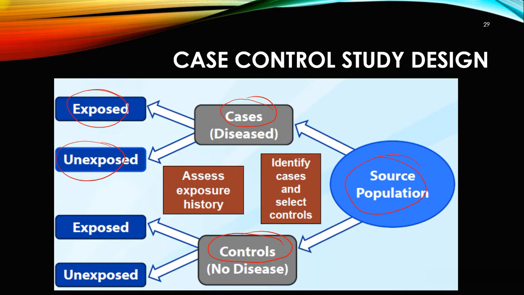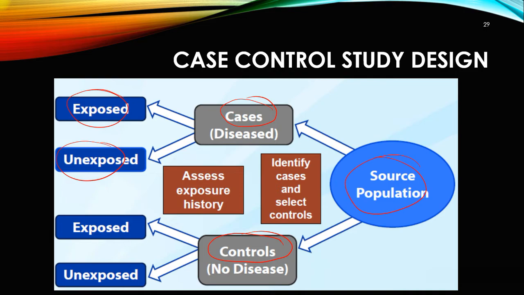And in earlier case, in case of cohort study, we were dividing the population depending on the exposure. Okay, so in both these, that is in cases and controls, we are finding out who is exposed to that etiological factor or not, and what is the relationship between the exposure and the disease.